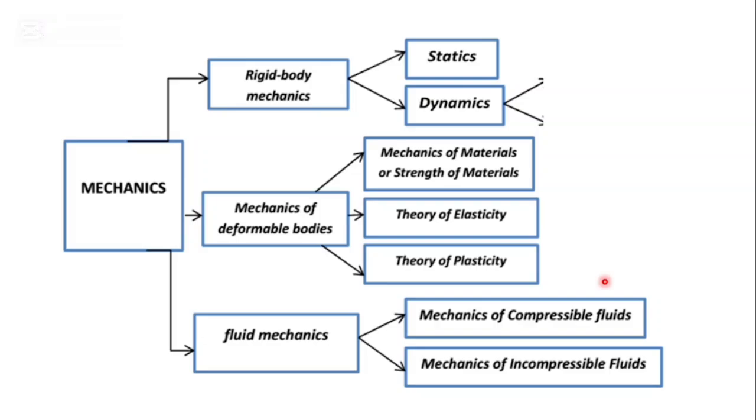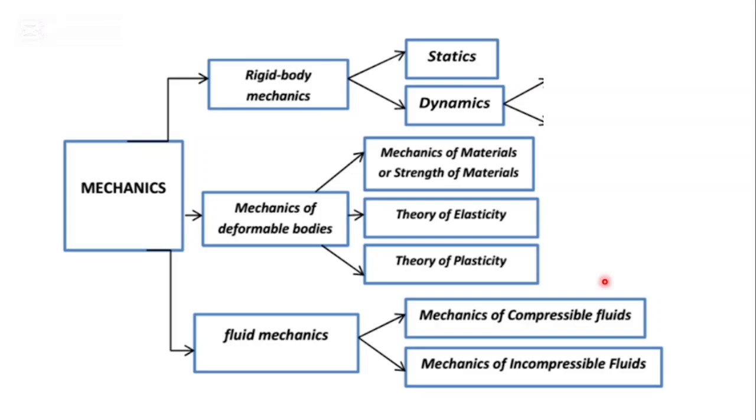Then when we take the fluid mechanics, it also has two subdivisions known as the mechanics of compressible fluids and mechanics of incompressible fluids. So you see, mechanics is a very broad area. Then when we go to the rigid body mechanics, then we take the dynamics.